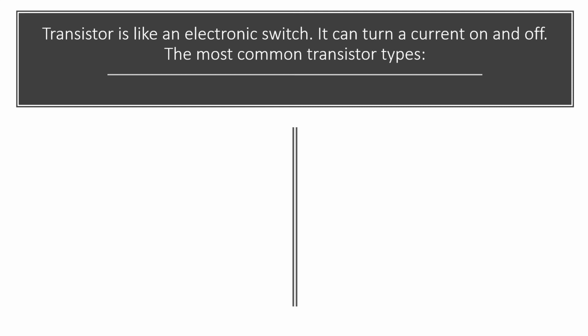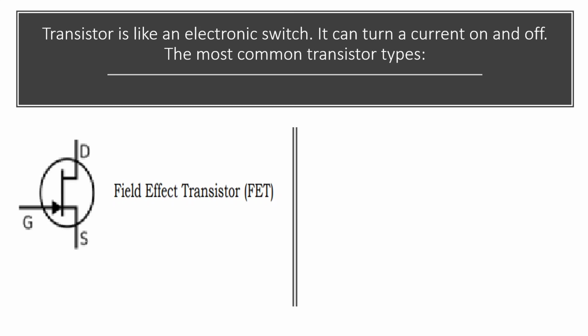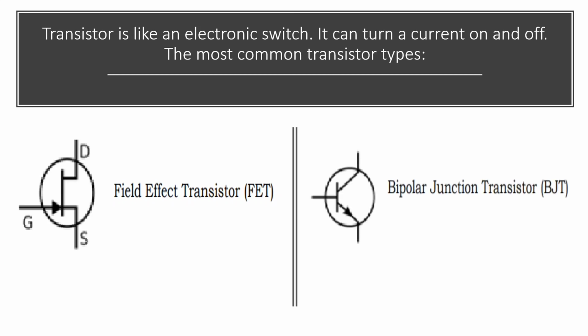Transistor is like an electronic switch. It can turn a current on or off. The most common transistor types are the field effect transistor and the bipolar junction transistor.